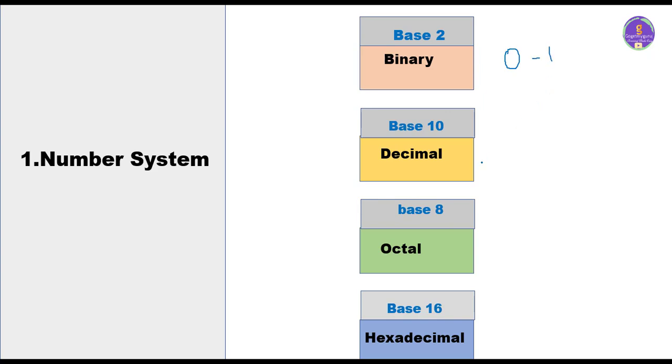Whereas decimal number system, you can have numbers from 0 to 9, and octal number system 0 to 7. Hexadecimal number system starts from 0 to 9 and after 9, A to F. So these are 16 symbols. Now we know how many types of number systems there are.